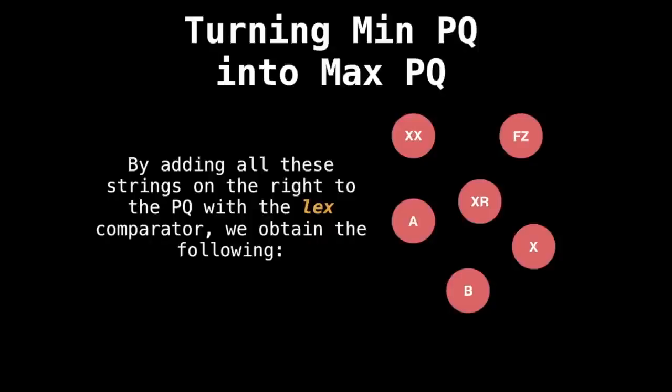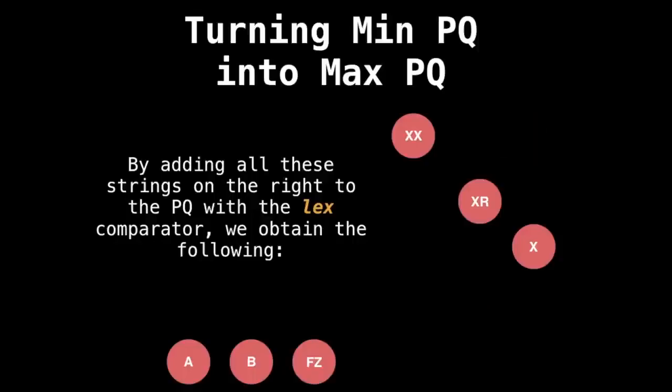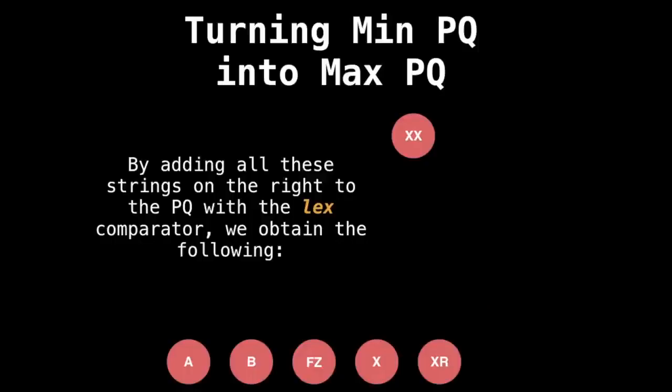By adding all the strings on the right to our priority queue with a lexicographic comparator, here's the ordering we should expect. First we get A because it's the shortest string that has characters appearing closest to the start of the alphabet. Then it comes out B, then F, Z, then X, then XR, and XX.